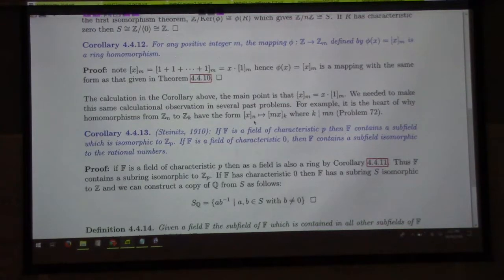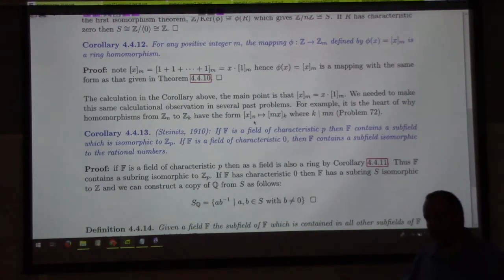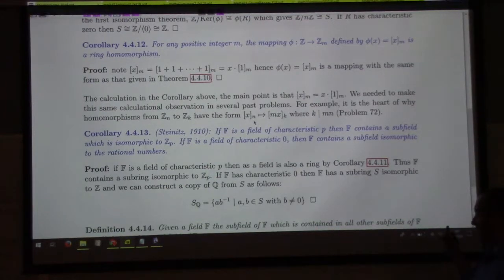This is proved down here through, basically, first of all, you've got a subring which is isomorphic to either Zp or the integers, depending whether you're characteristic p or characteristic 0. And then once you have that, you can use the subring S that I was just talking about to construct the field of fractions like this.